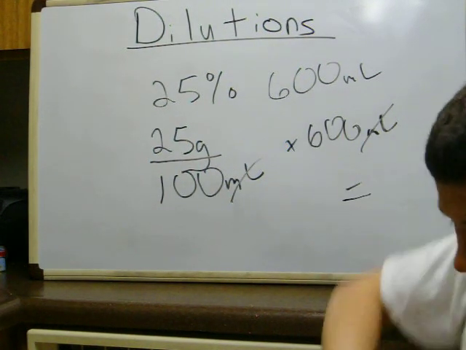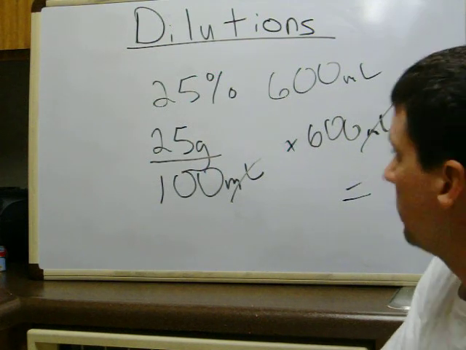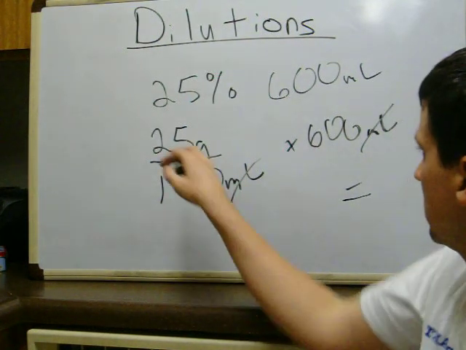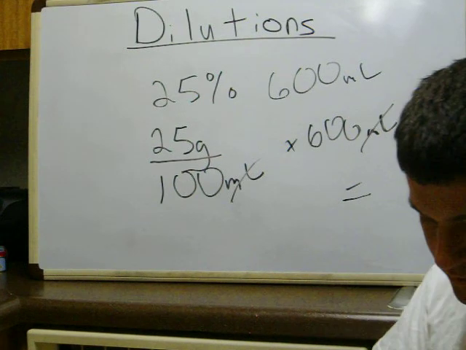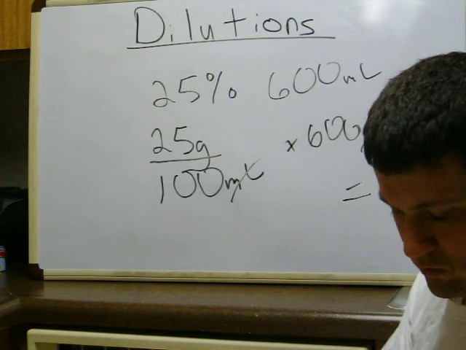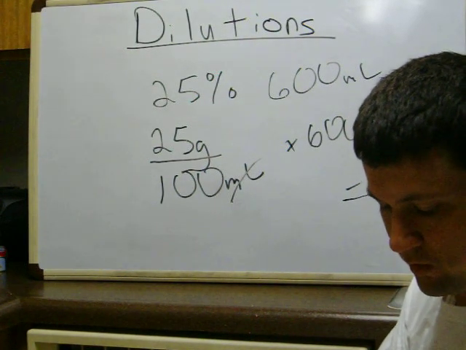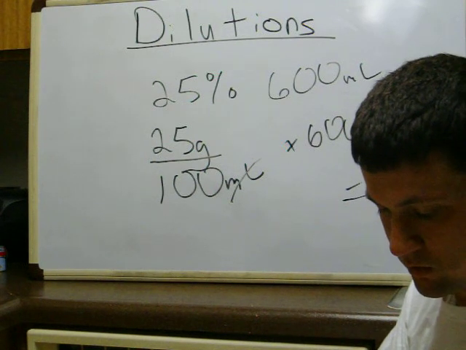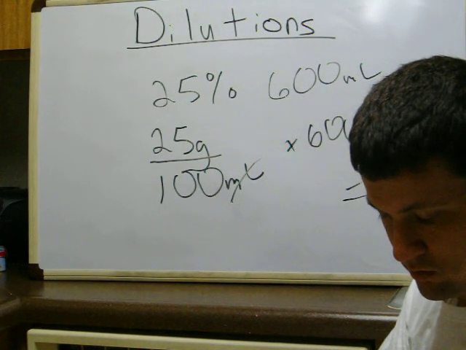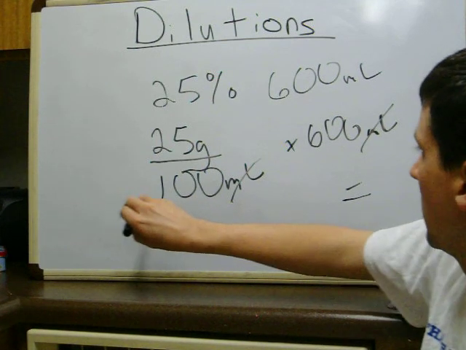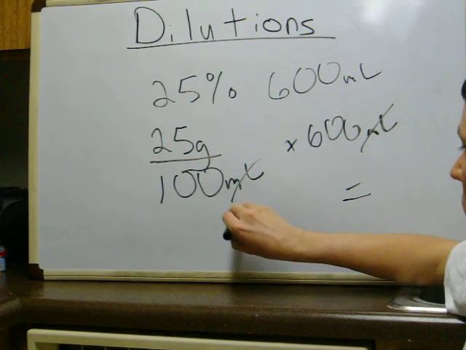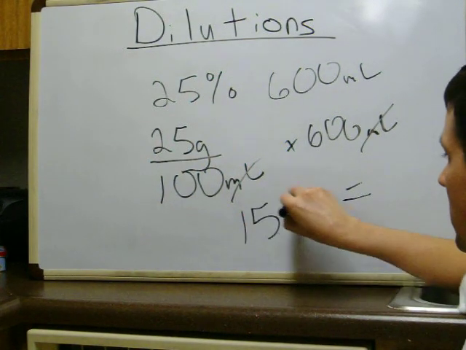And so that means we have a total of, let's see, 25 over 100 times 600. So in our solution we have 150 grams.